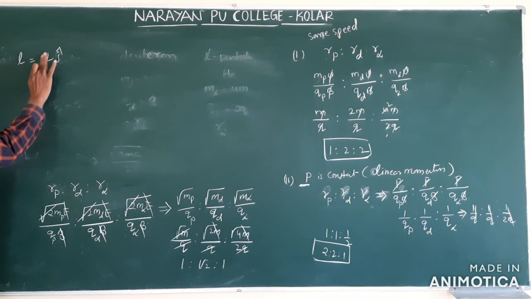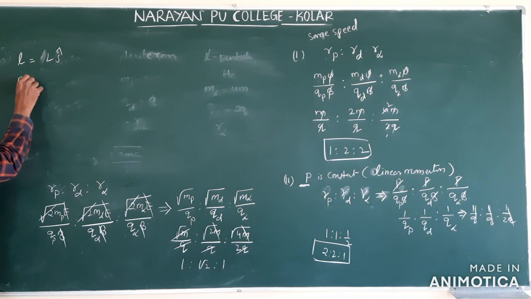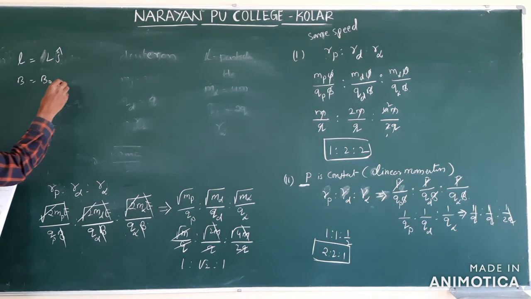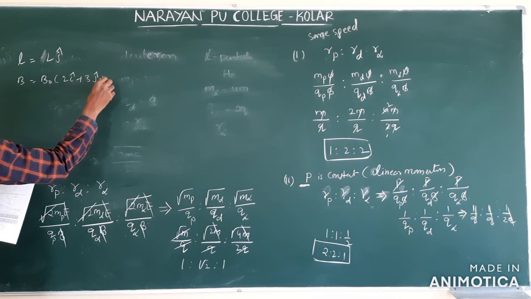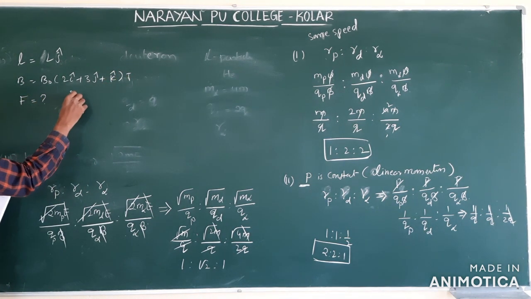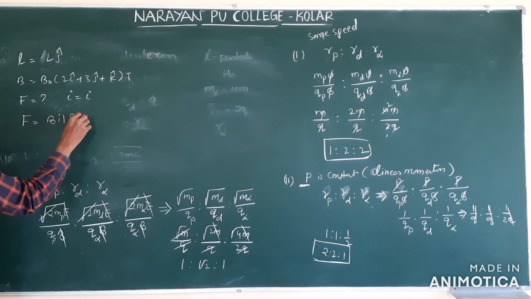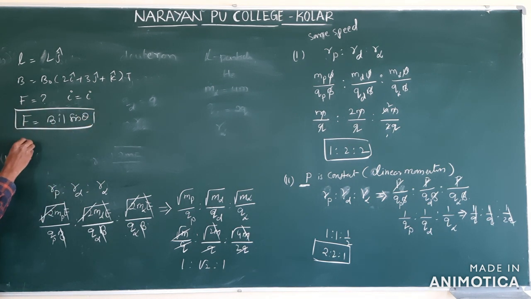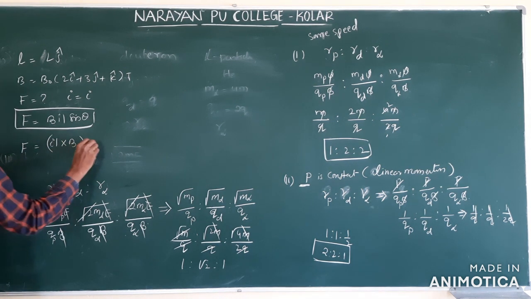Y axis. So L we can write as L j cap along the Y axis. So along the Y axis current carries, so our current is I. L is L along the j cap. Field already given: B is equal to B naught (2 i cap plus 3 j cap plus k cap) Tesla. They are asking F. Current is I. What is the force experienced by a current carrying conductor? F is equal to BIL sin theta. This is the general form. But in vector form, F is equal to I L cross B. How do you write this?